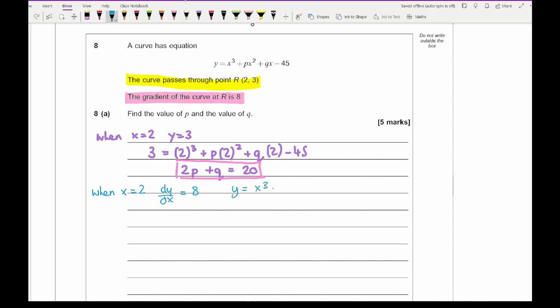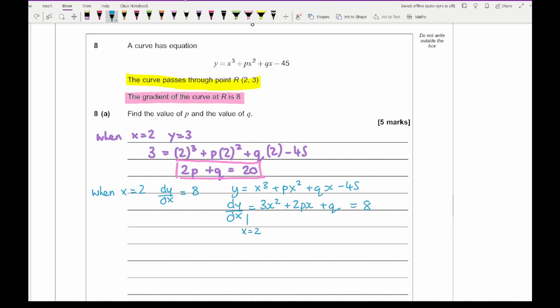So if y equals x cubed plus px squared plus qx minus 45, that dy over dx is going to equal 3x squared plus 2px plus q. Now when x equals 2, this is all going to equal 8.